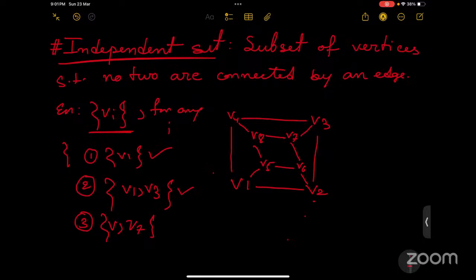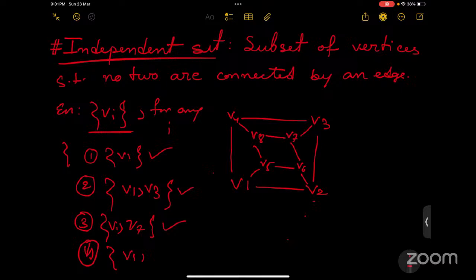So we can find many examples with two elements. Try to construct an example with 3 elements. Suppose we are starting with V1. Then we cannot take V2, V5 and V4.